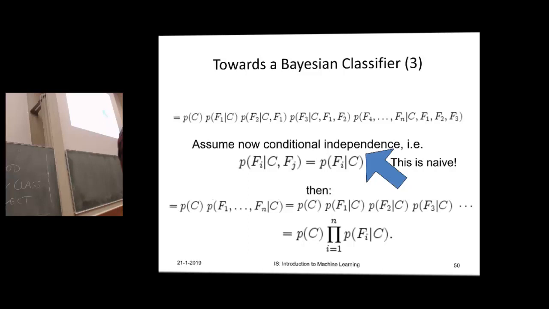So instead of calculating this complicated probability, we just assume conditional independence, and that basically means that we can simply multiply all the individual conditional probabilities in order to estimate the true probability.